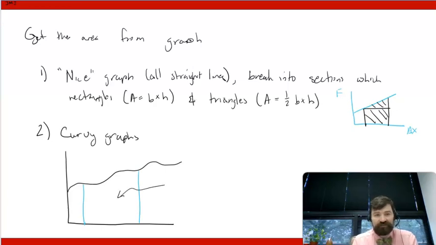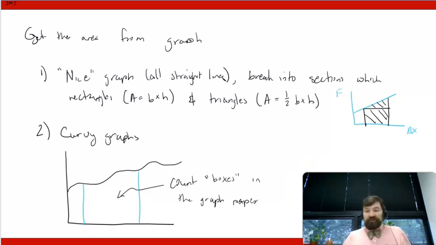For this type, you could call it count boxes or count squares in the graphing grid, so graph paper, for example. That's how you can go about getting these two area types.